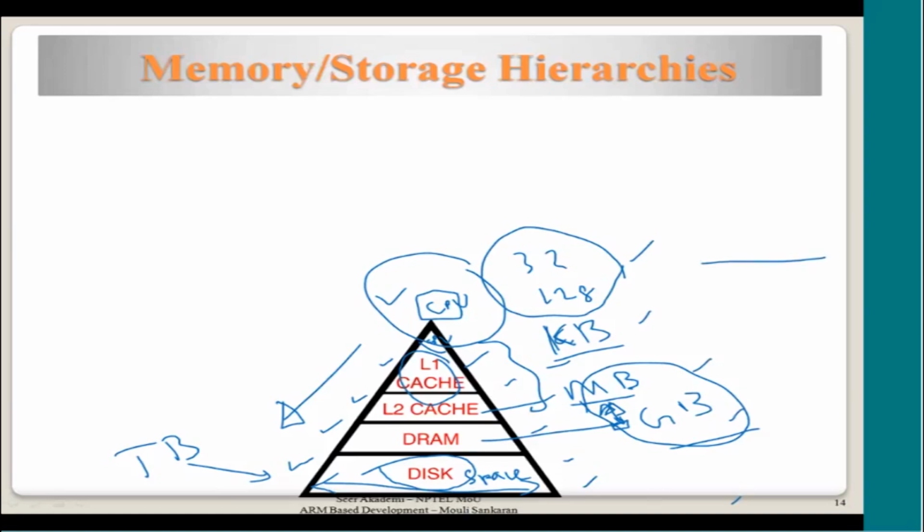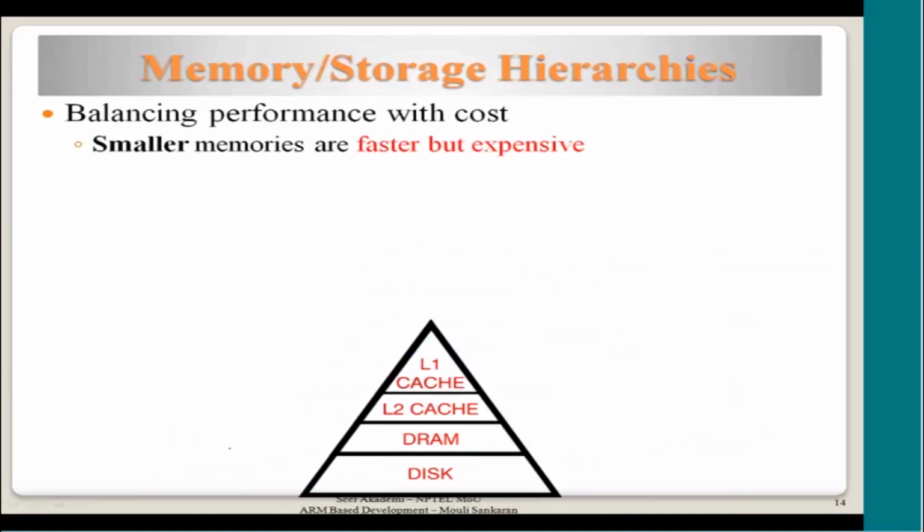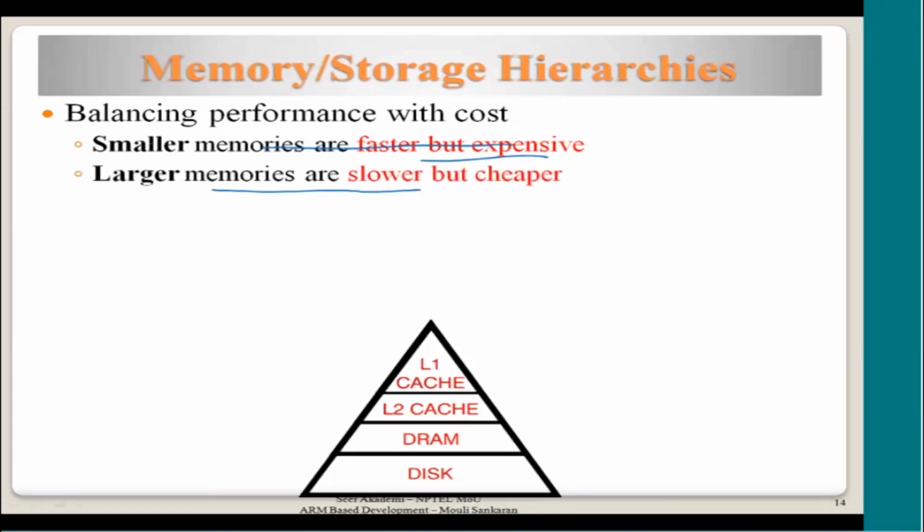Otherwise I would have put it the other way. Let me explain. Smaller memories are faster but expensive. I'm not striking it, I'm trying to underline it. Larger memories are slower but cheaper. That's the way it is.